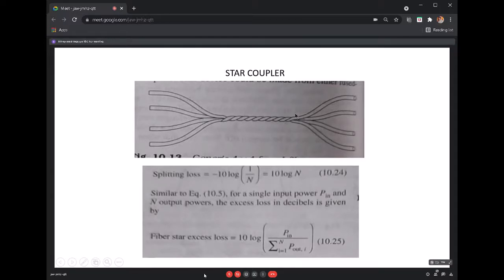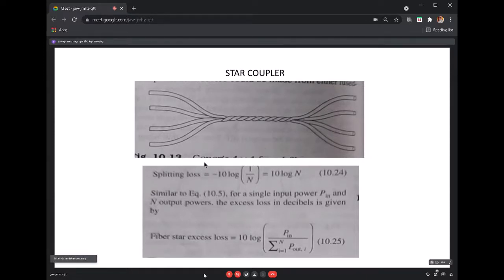This diagram shows a 4 cross 4 fused coupler. The optical power will be divided, as I said. The total loss of the device consists of the splitting loss plus the excess loss.